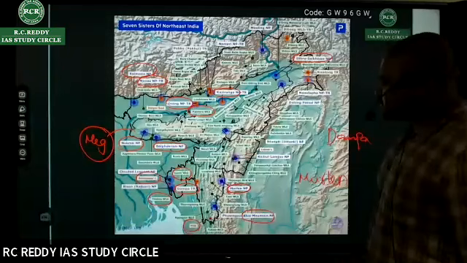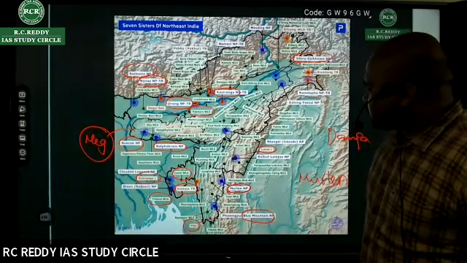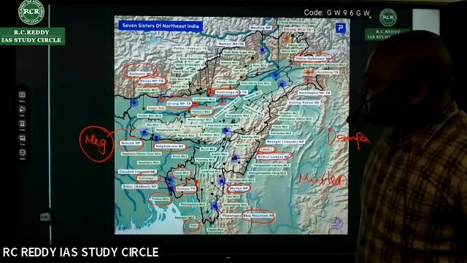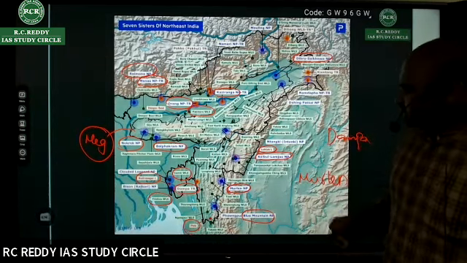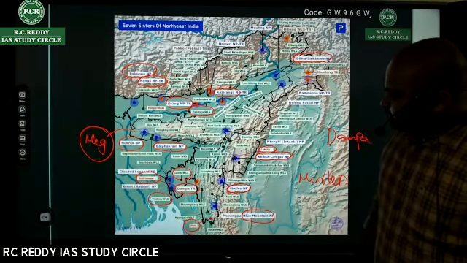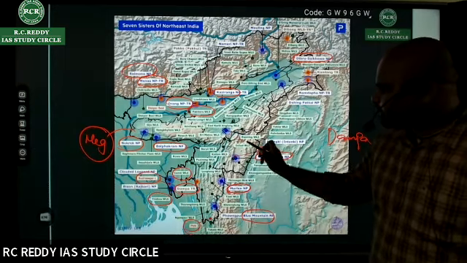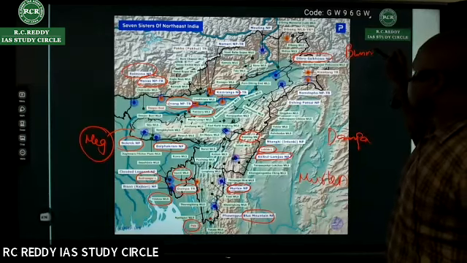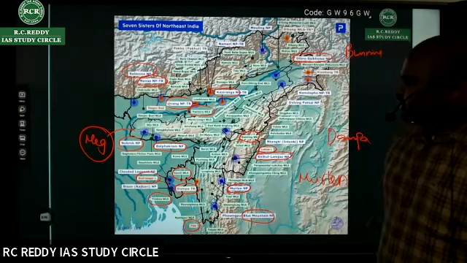Then next, Loktak Lake and Keibul Lamjao National Park. These are in Manipur. And Bunning Wildlife Sanctuary, not burning, Bunning. Where is it? All these are in Manipur.